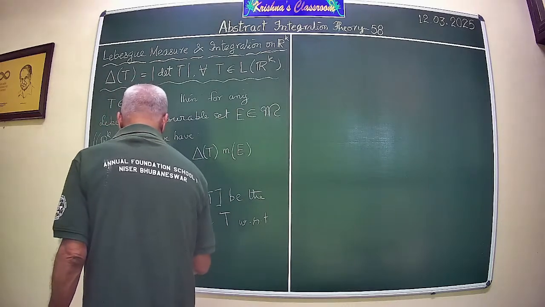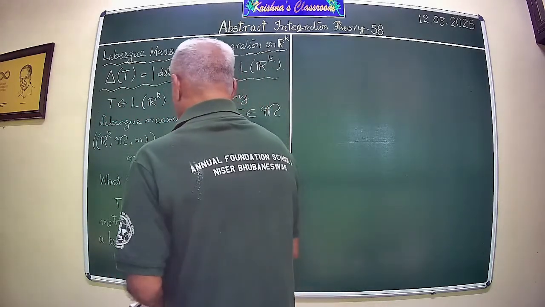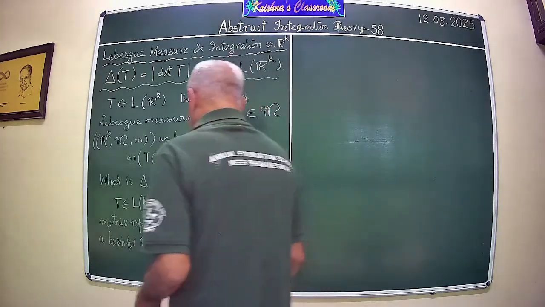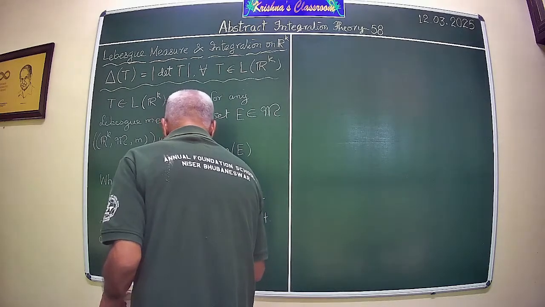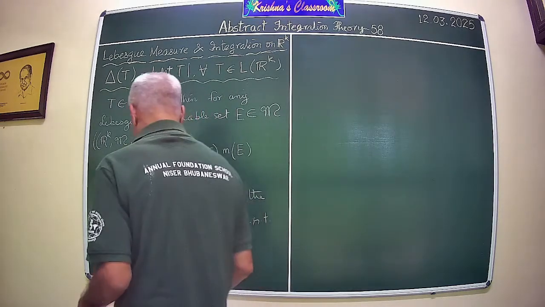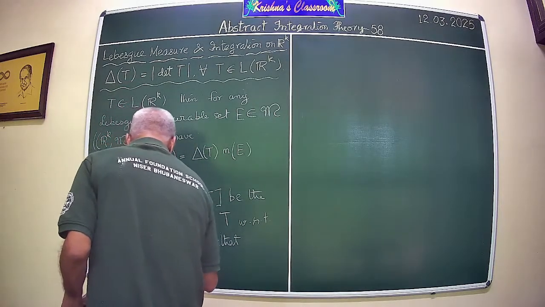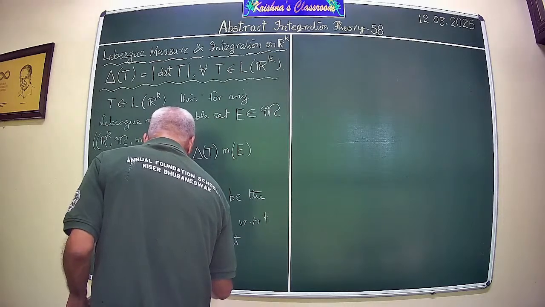Then we prove that delta T is the determinant of the matrix of T.